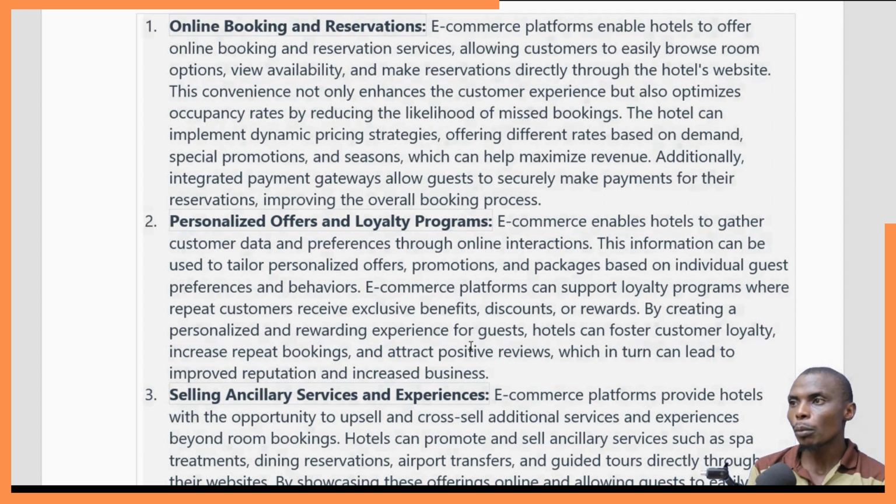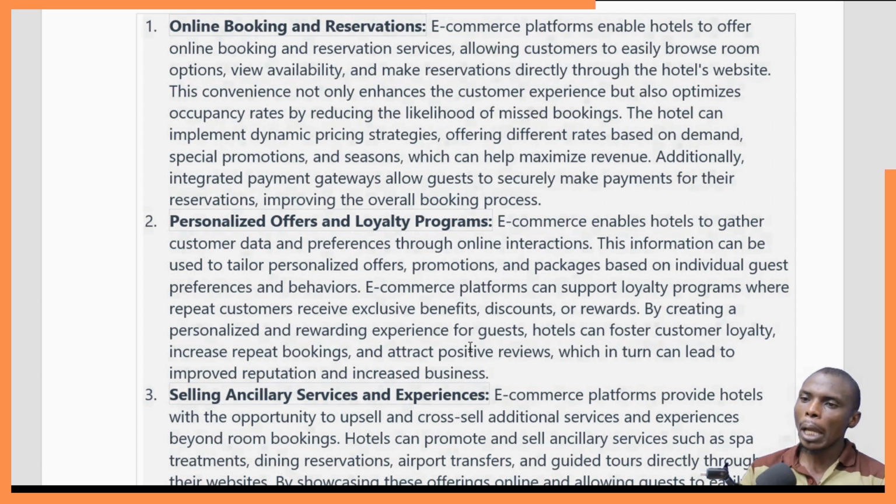So the e-commerce platform will enable these hotels to add that part in the system where the customers can book and reserve services online. So they can easily browse options and view services that are available and make reservations directly through the hotel website. So this may be most convenient and also give the customers a very good experience.